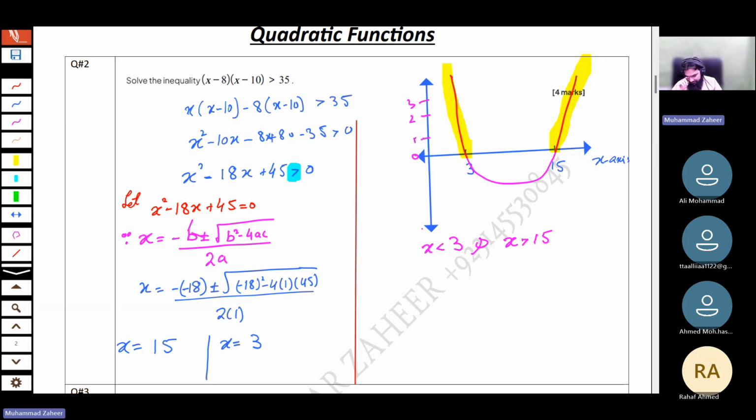Then you have to change the inequality into an equation and simply solve the equation. After that, you need to draw the graph. When you draw the graph, you have to check the sign of the inequality. If the function is greater than 0, this means that you have to take the upper values on the x-axis. If, for example, it is lesser than 0, then you have to take the lower values. So you will get that x is greater than 3 and lesser than 15.